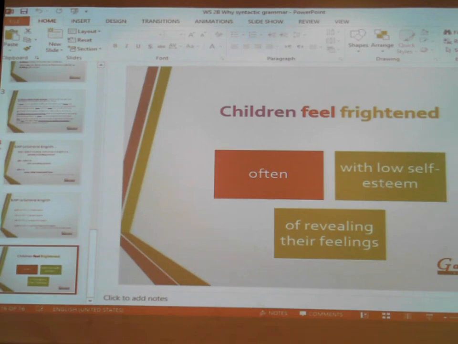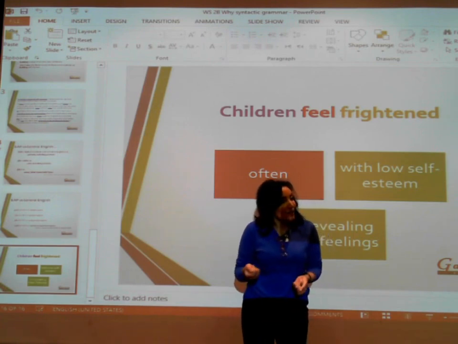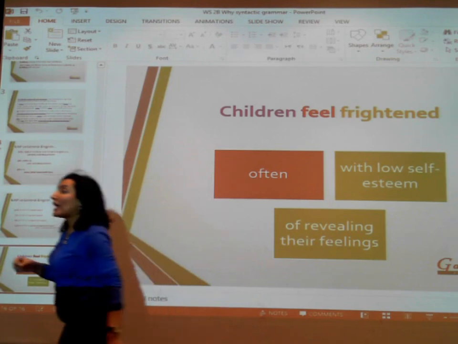Where can we put of revealing their feelings? So children with low self-esteem often, because the adverb has to come before the verb it describes, often feel frightened of revealing their feelings. So he must know the basic sentence structure first, SVO, to fill in the gaps and make it more complex. We'll see that in a minute.